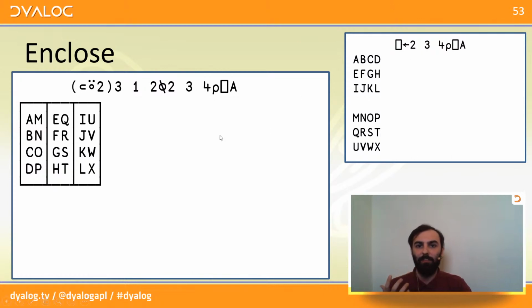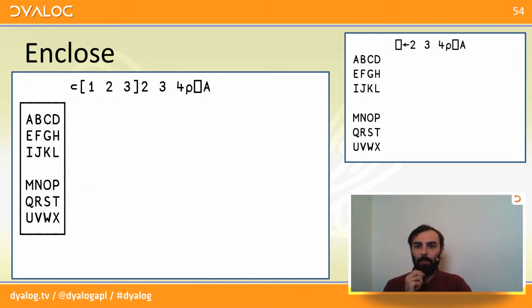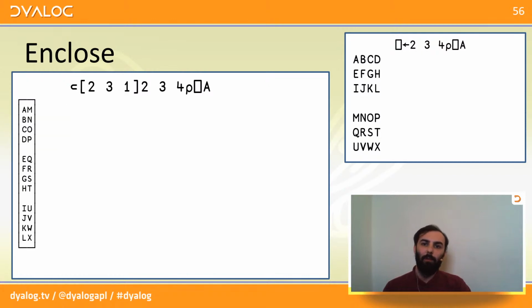I almost start to consider it a syntactic sugar these days after having done all of this stuff. Of course, you can enclose and specify all 3 axes, but that's just no transpose, just enclose. But you can specify all of your axes in a different order if you want.